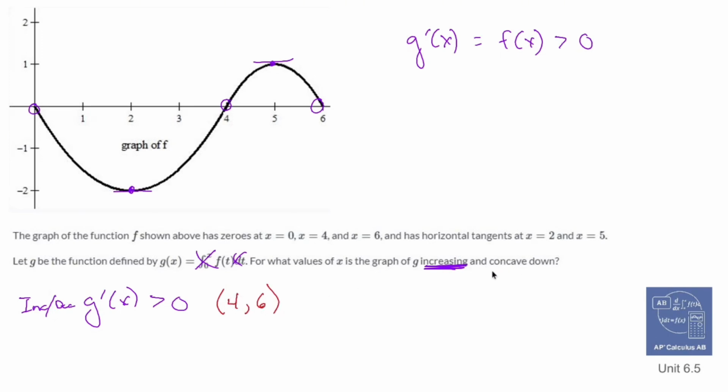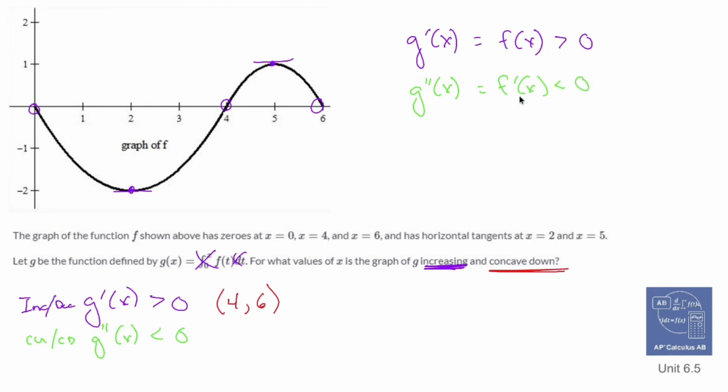Now, to find concavity, it's CU, CD. Concavity is going to be the second derivative, and I want it to be concave down, so I care about where the second derivative is negative. The second derivative, g double prime of x, is going to be f prime, and I care about when that's less than 0.